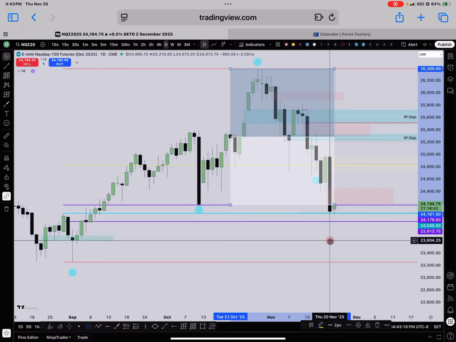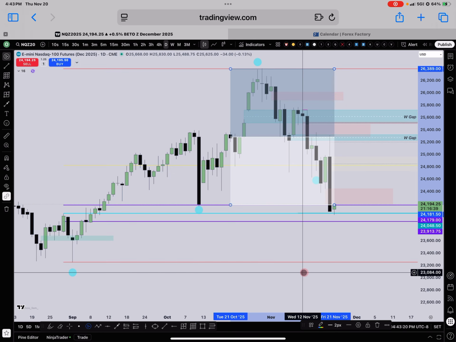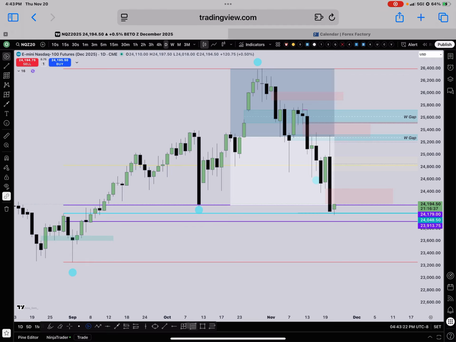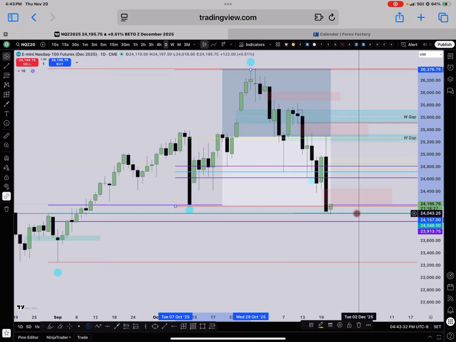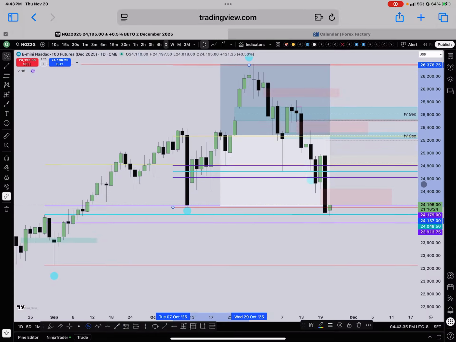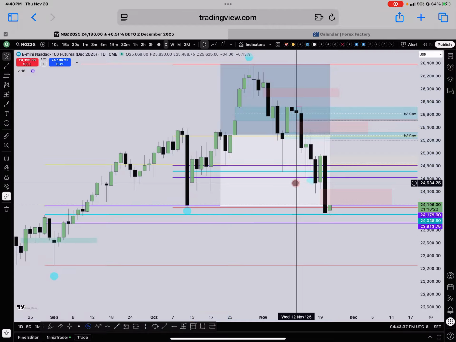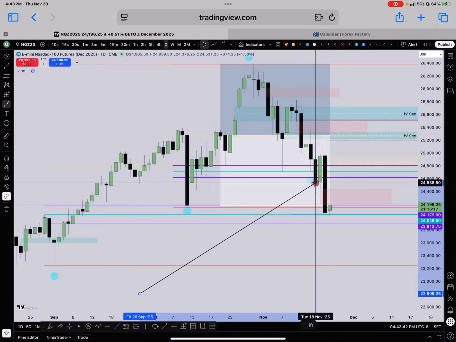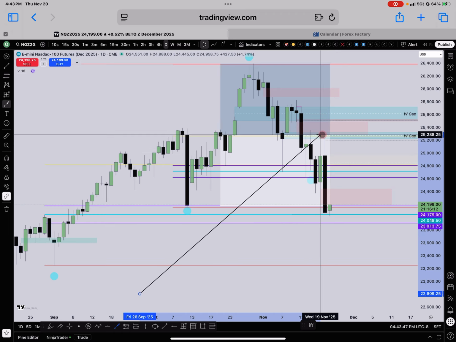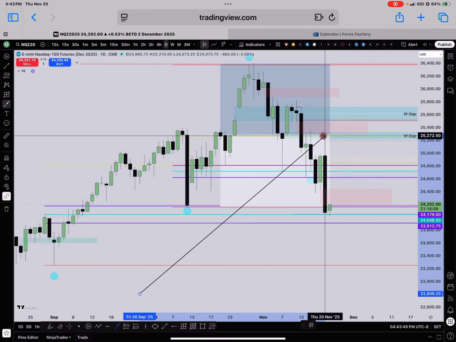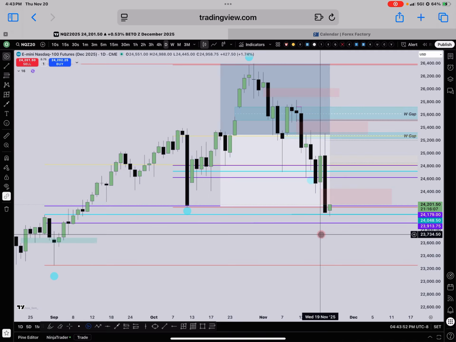I mentioned that we were going to make some type of retracement or reversal based on this. And we actually did. We came a little bit lower here. We retraced. I mentioned up to here at least, but we came a little bit higher there. And then we're back in discount again.